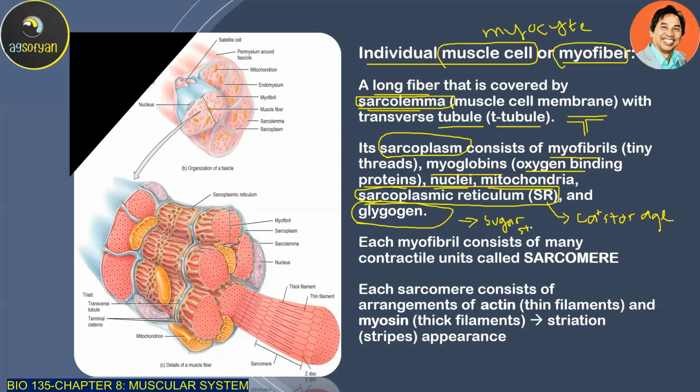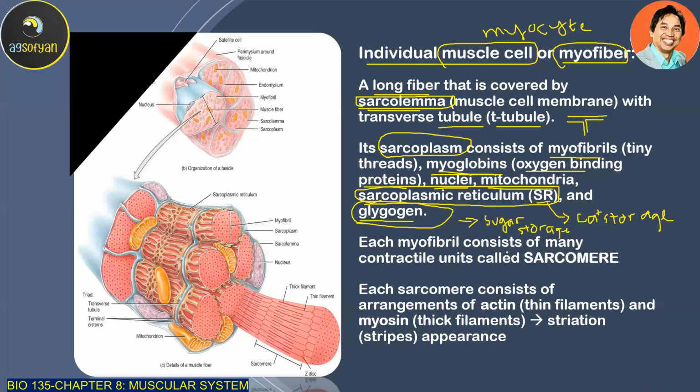So it has its own protein that carries oxygen, called myoglobin. It has its own special reticulum used for calcium storage, called the SR, and it has its own glucose or sugar storage, called glycogen. So this is special for the muscle cell.